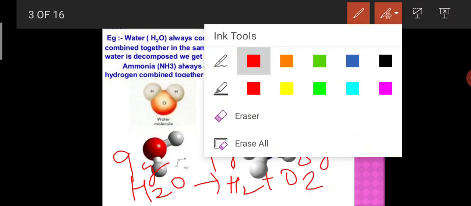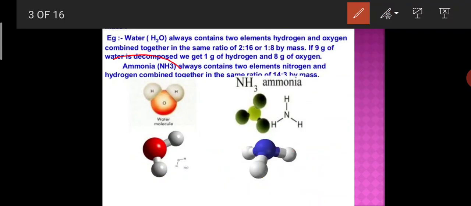In the same manner, we get it from ammonia. What is the formula of ammonia? NH3. This ammonia contains two elements, one is nitrogen and one is hydrogen.